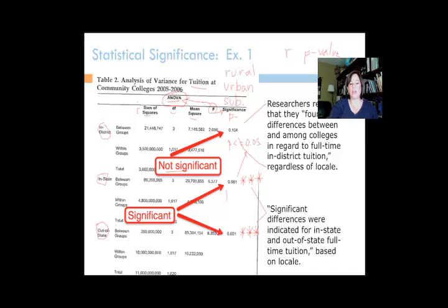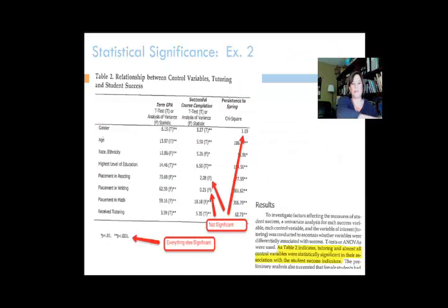Let's look at another example. Example number 2, relationship between control variables, tutoring, and student success. So in this research, the authors performed a t-test, an analysis of variance using the F statistic, and also chi-square.